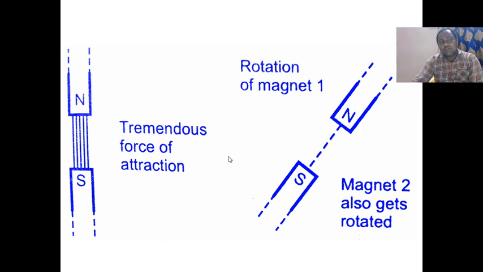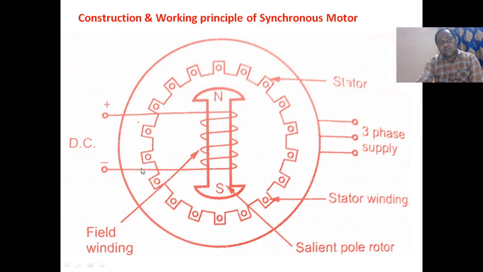The synchronous motors are not self-starting motors. Why they are not self-starting, please hear. Suppose the rotor rotates in the clockwise direction. There are poles in the stator as well as the rotor, because to the stator also we give the three-phase supply.